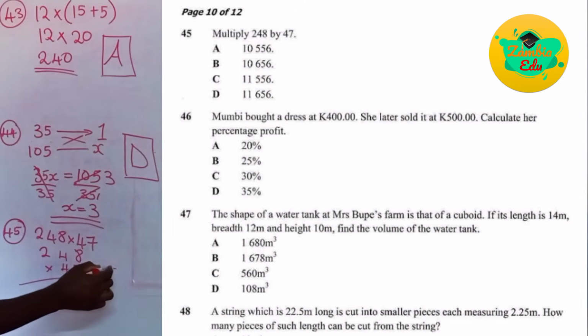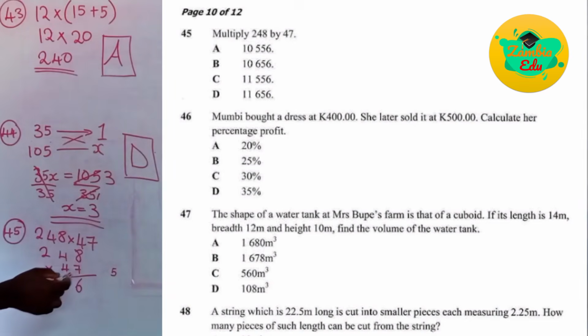So 6, carry a 5. 7 times 4 is 28 plus 5, 33. So 3, carry a 3. 7 times 2 is 14 plus 3, that's 17.